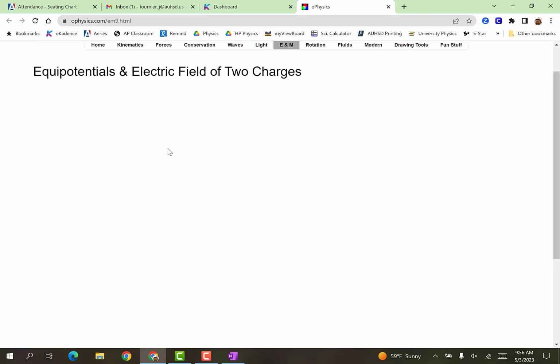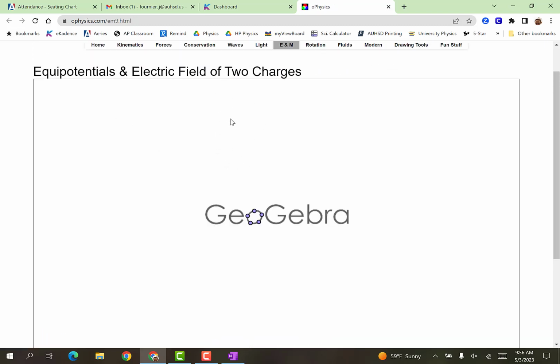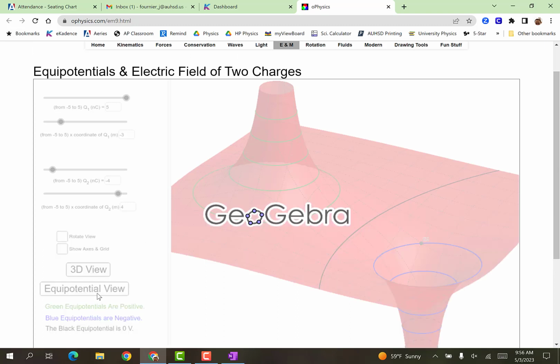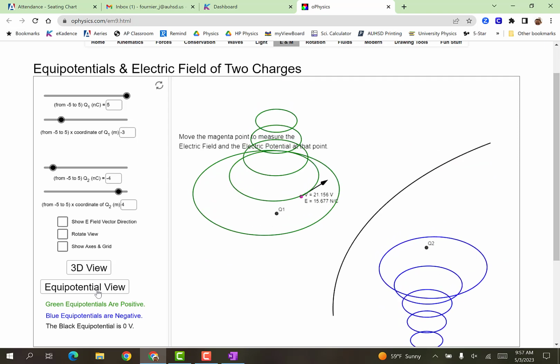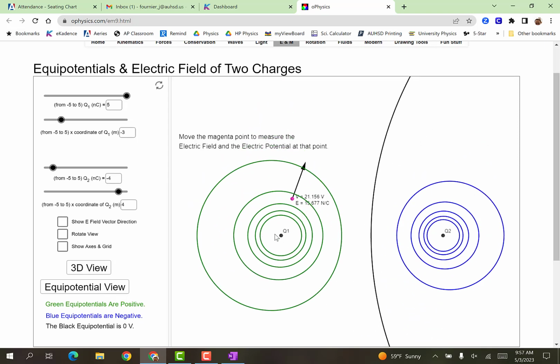So what I like about this is it shows you kind of what I mean here. So when you guys were looking at your charges and fields lab for your potential part, oh, come on, load up. So we can go to this equipotential view, and you've got a positive charge right here and a negative charge right here, and this is like your sensor that showed you where the electric field points, right?